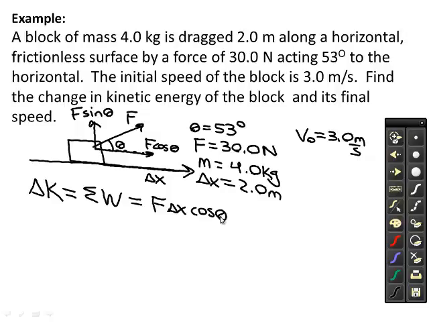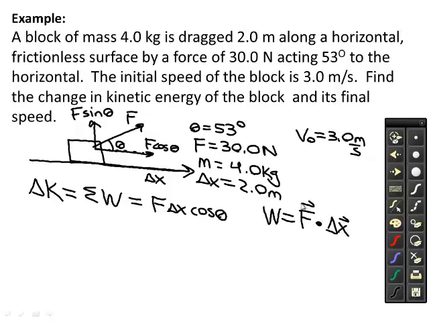Now this is a recurring theme in calculating work. You need the force, you need the displacement, and you need the cosine of the angle between those 2 vectors, between F and delta x. It's so common that it has a special name in math, a dot product. So in other words, work is the dot product of force and displacement.